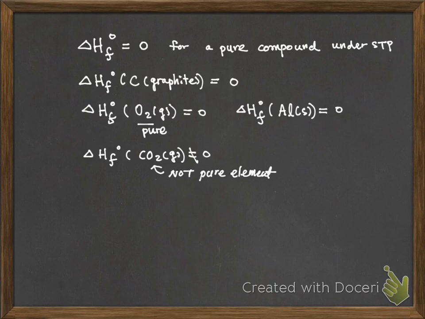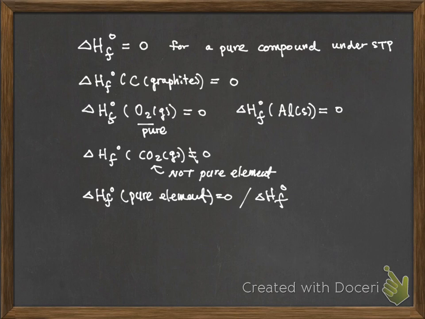There are some numbers involved for that particular one. So it is all the delta H F for any compound. Some of them are pure elements, so 0, but some of the compounds that are not pure are not 0, and all are tabulated.